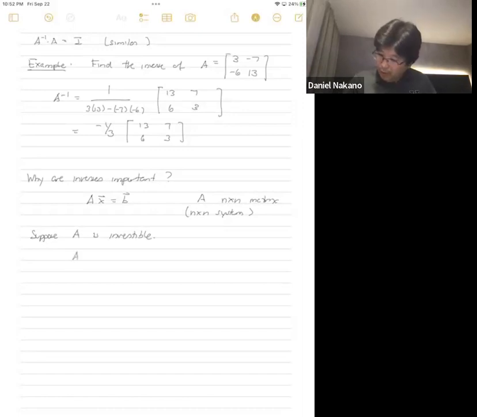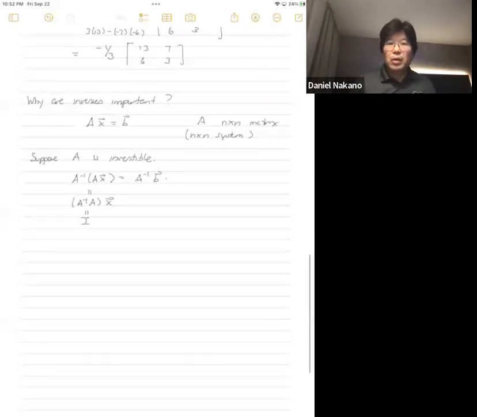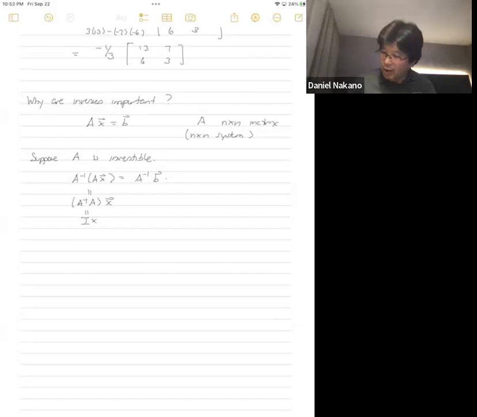So I take A inverse times AX, equals A inverse times B. Then you can associate this side, and this is A inverse times A times X, and that's the identity. So that means identity times X. And then you have the solution now. The vector X is equal to A inverse times B. And this is the solution.